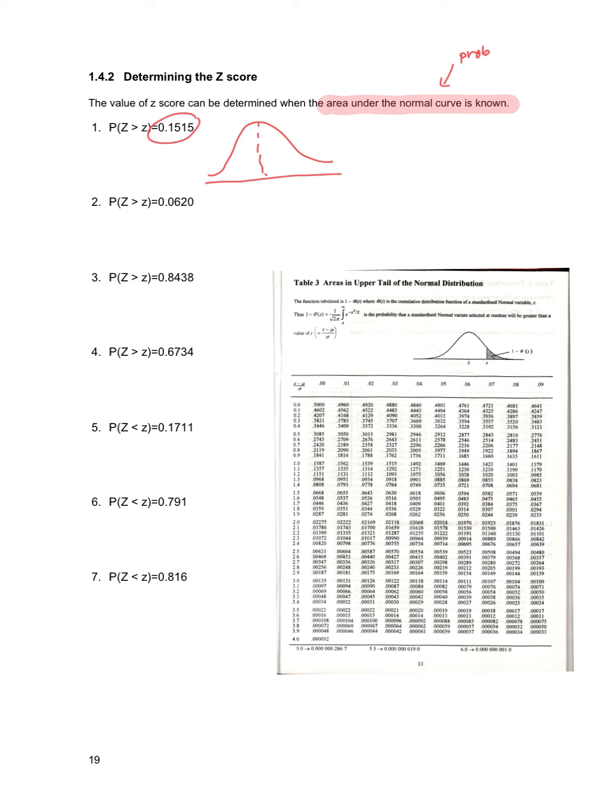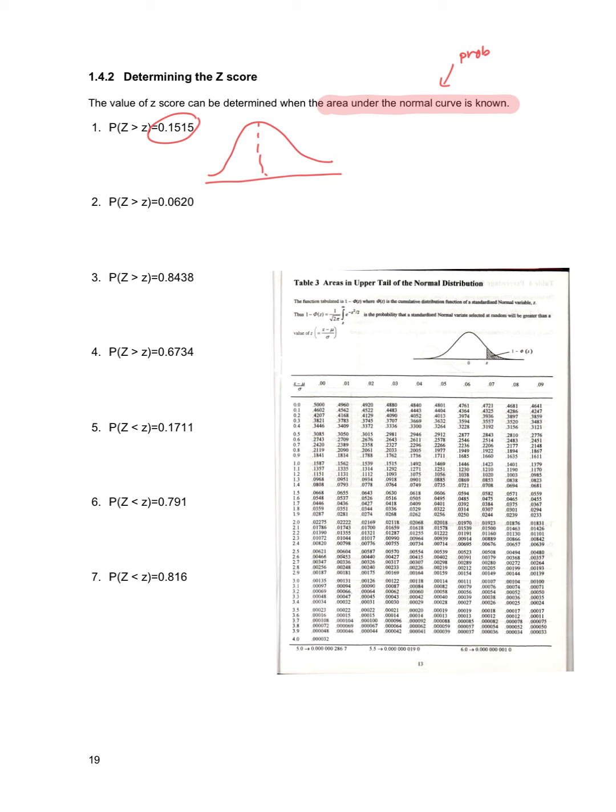We know that half of this bell shape curve is 0.5, right? Sebelah 0.5, sebelah 0.5. So you are given the area under the normal curve, or the probability value, 0.1515, meaning that dia kecil je lah. Tak sampai pun half of the curve.